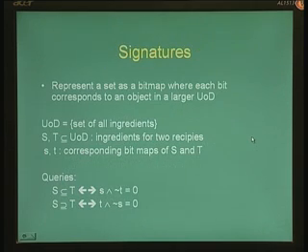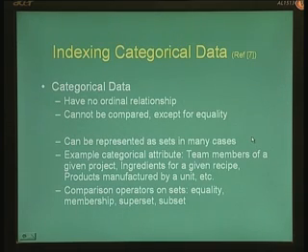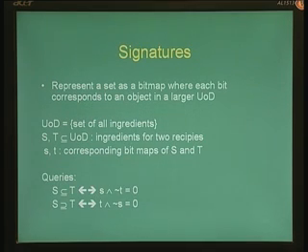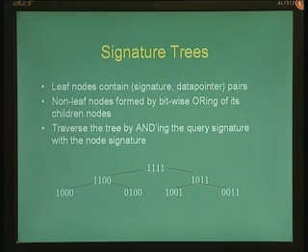But here in categorical data we use what are called signatures or bitmap indexes, by which we can say the set of all ingredients which appear in a particular element is set to 1 here, and all other elements are set to 0. So which basically forms what is called a signature tree for categorical data.